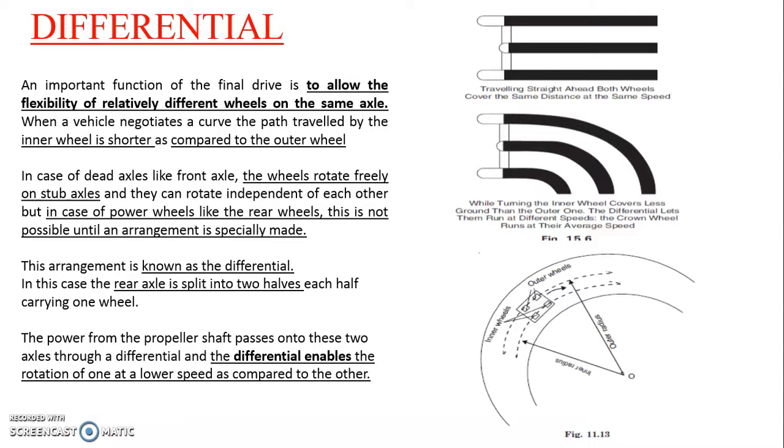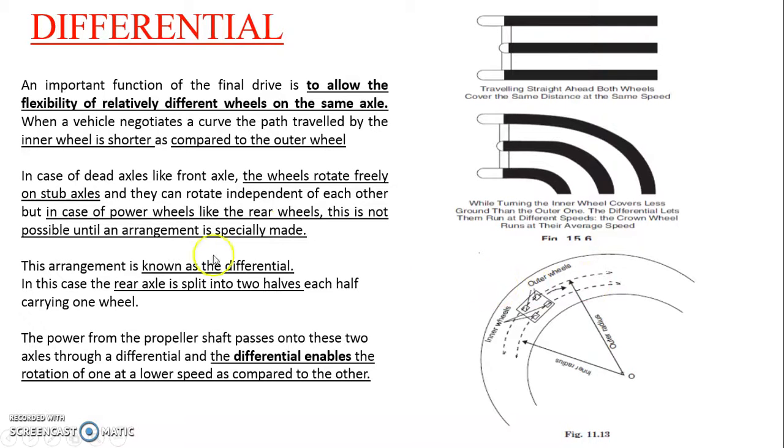Okay, what we do is that the rear axle is split into two halves, with each half carrying one wheel. The power from the propeller shaft passes onto these two axles, half and half, and through the differential, one wheel can rotate at a lower speed as compared to the other.